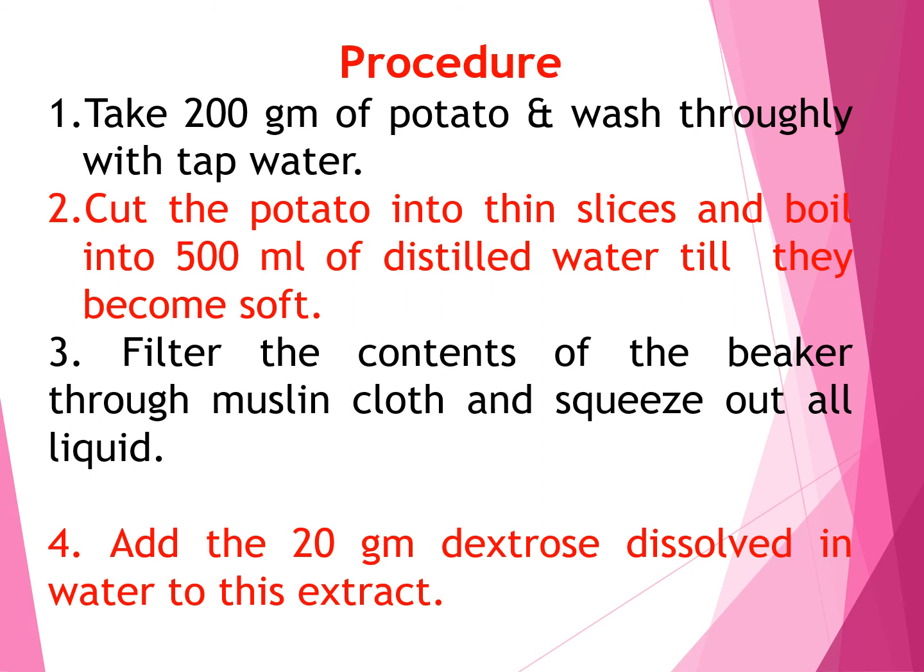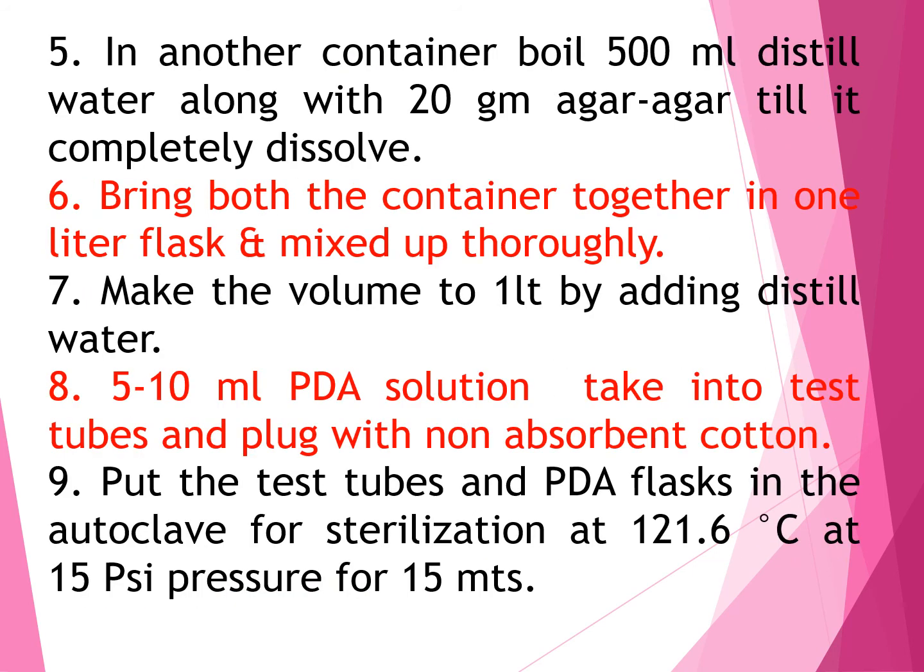Filter the content of the beaker through muslin cloth and squeeze out all the liquid. Add 20 gram of dextrose dissolved in water to this extract. It will give you 1 liter PDA media.